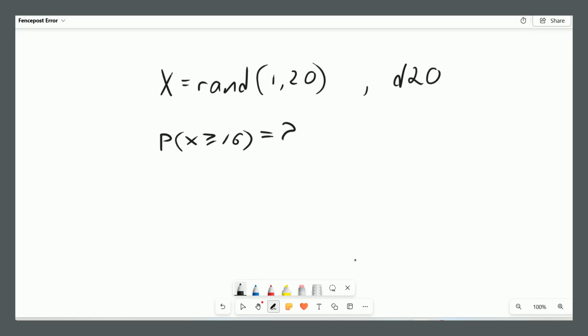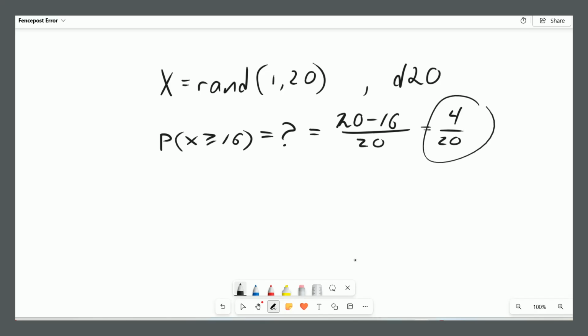And it might be tempting to think, oh, well, 16 subtracted from 20 is 4. So 4 divided by 20 possible values, that is our probability, 4 out of 20. Well, that's actually wrong. The correct answer is 5 out of 20.